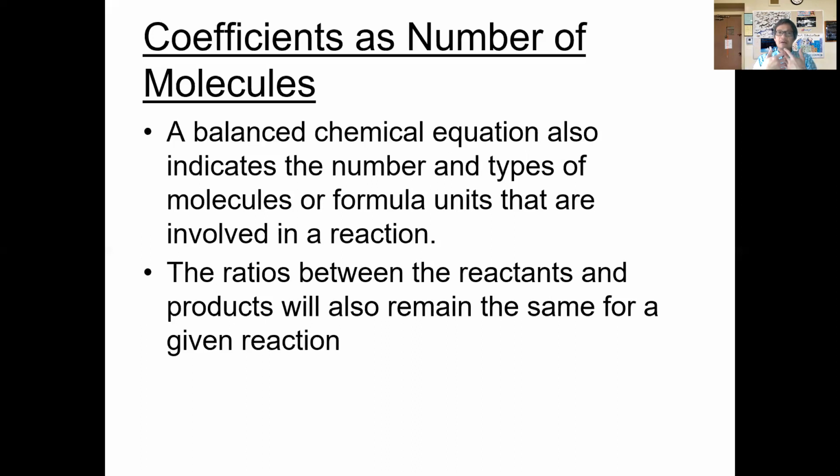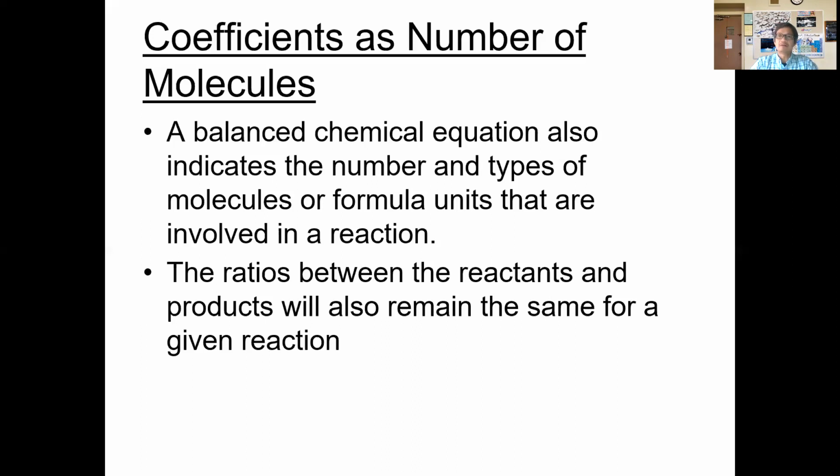Just like any good recipe, it has to include the ingredients and also the amounts of the ingredients in order for us to use that recipe and make anything with it.